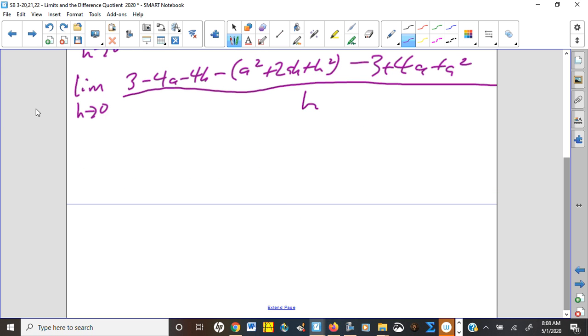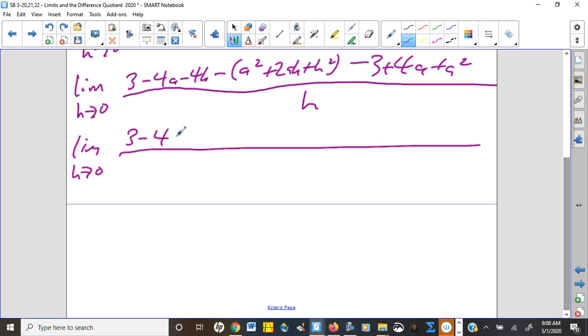All right, so the limit as h goes to 0 of, that was better, speed. Speed cures everything. 3 minus 4a minus 4h minus a squared minus 2ah minus h squared. Remember, distribute the negative sign.